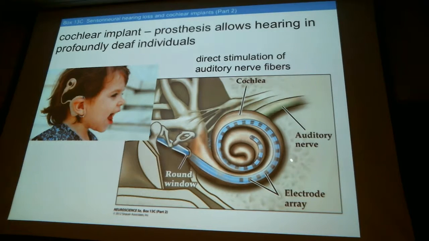The electrode can only be inserted so far in, so the positioning is a little bit mismatched with the actual frequencies that part of the cochlea is supposed to be hearing. And people learn. So there's some sort of plasticity in the central nervous system that allows people to make sense of these signals. In that sense, it's a very crude system, and yet people learn to understand speech quite well.